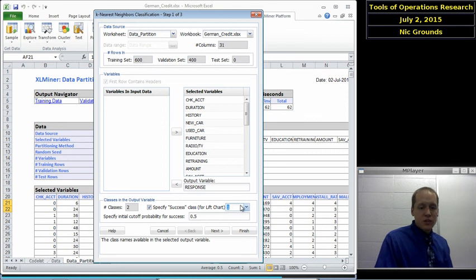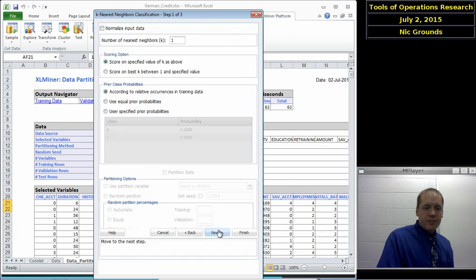In this case, that means somebody got a loan. So the lift chart is specifically telling us how well this algorithm will do at predicting who gets loans, not predicting who doesn't get loans. Slightly different thing. Okay, so once we have that, I'm going to select next.